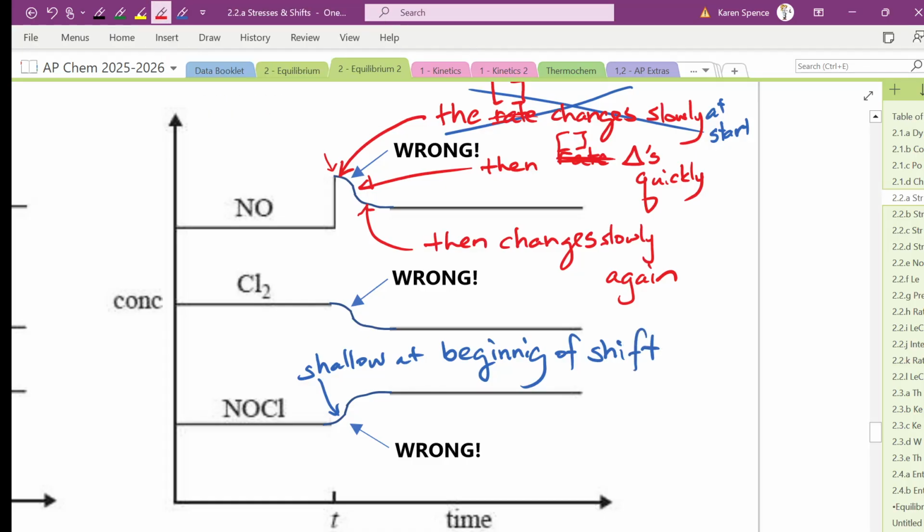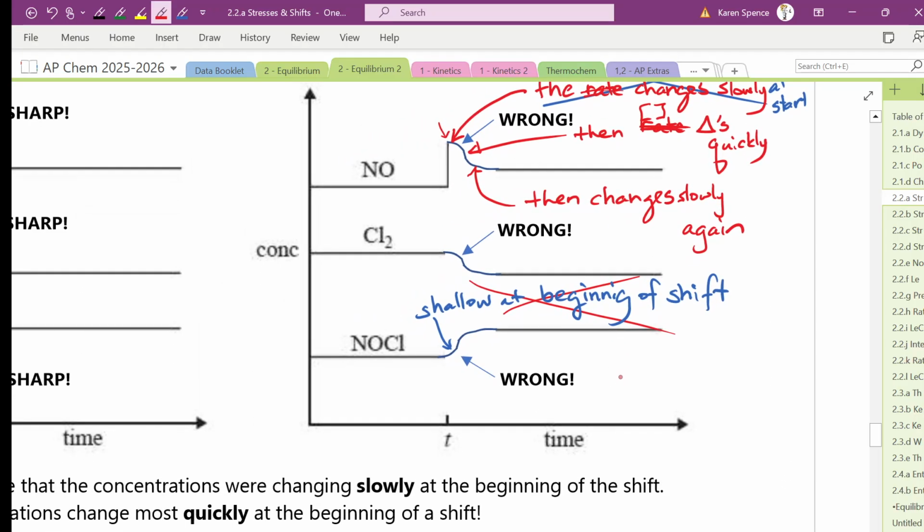So, like I said, I'm never quite sure how to put this so it makes the most sense, but basically no S curves. You don't want these things to look like S's when you draw them. If you draw an S while you are drawing a rate diagram or a concentration diagram, you will lose marks.